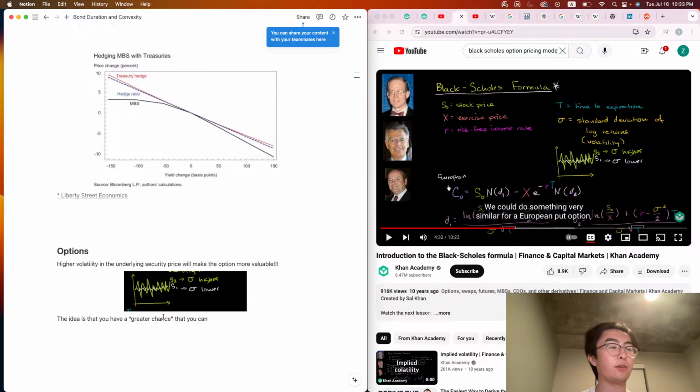The idea is that you have a greater chance that the option will be in the money because the price tends to move a lot.